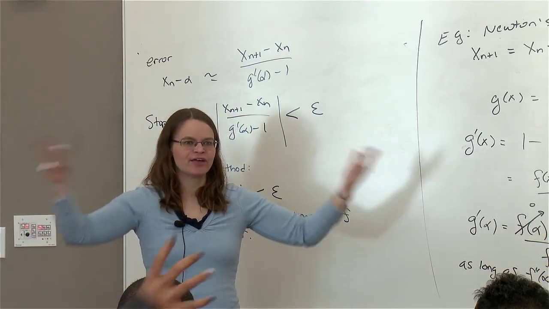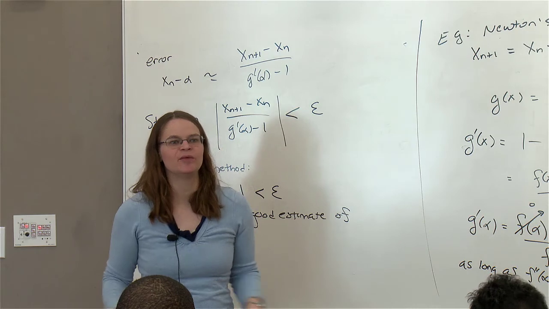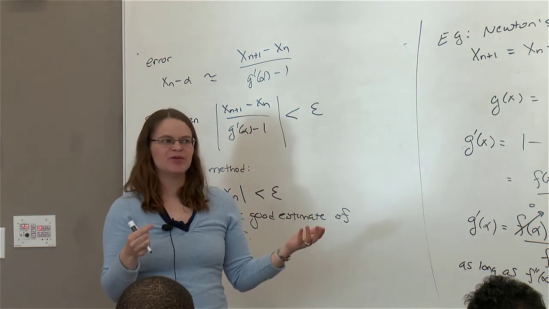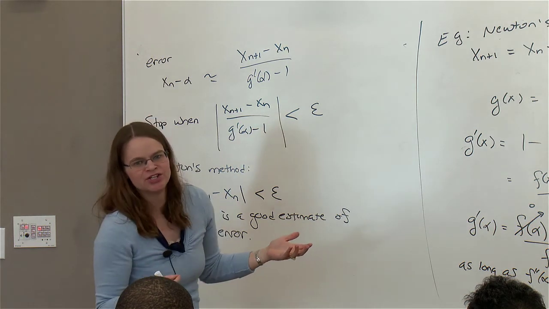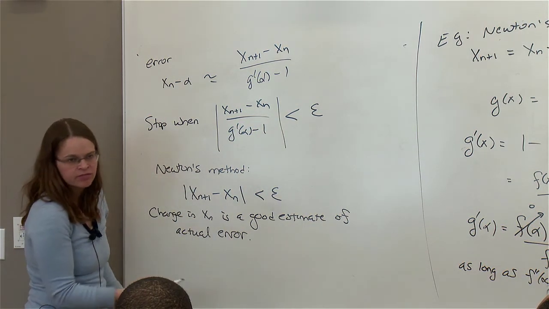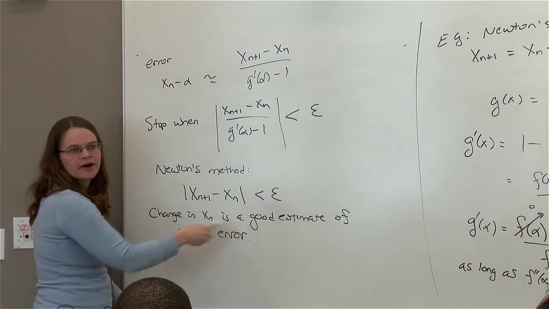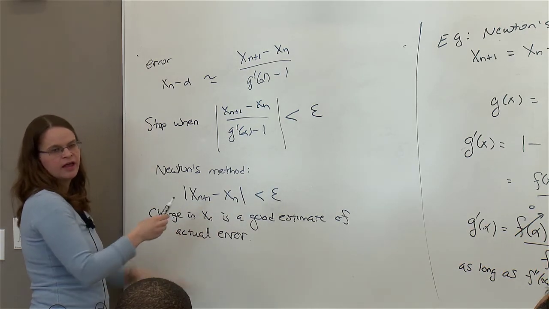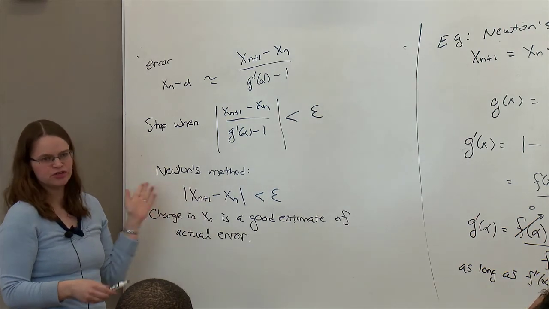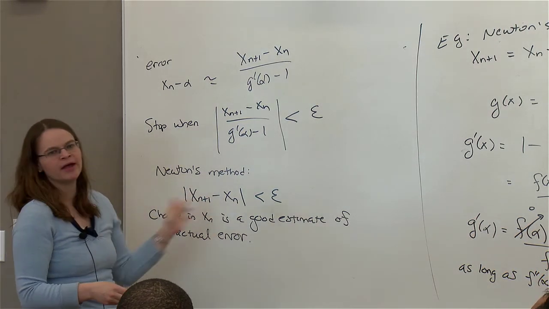But if I'm looking on the scale of a galaxy, then a centimeter is nothing, right? So the relative error just says, is a centimeter big or not big compared to what I'm actually interested in computing? Error estimate says, I don't know exactly what the error is, but here's kind of a ballpark guess at what the error is. And this should have the right order of magnitude, right? The digits will be a little bit wrong, but the order of magnitude is right here.